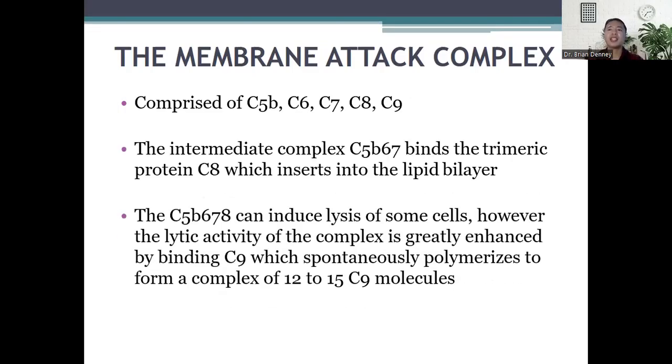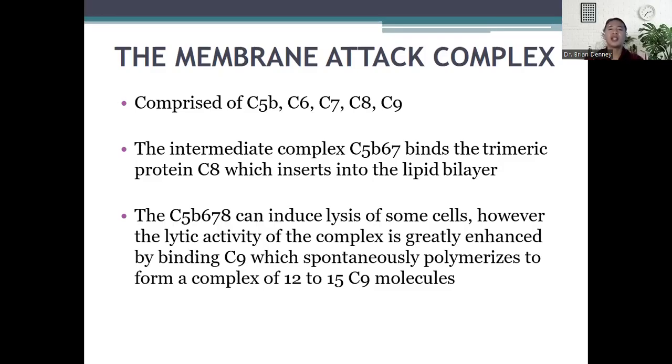So what happens in your membrane attack complex? Your C5b attaches itself into the surface of the bacteria. C5b is still unable to cause lysis of the cells. Thus, it has to recruit other complement proteins, which in this case are C6 and C7.